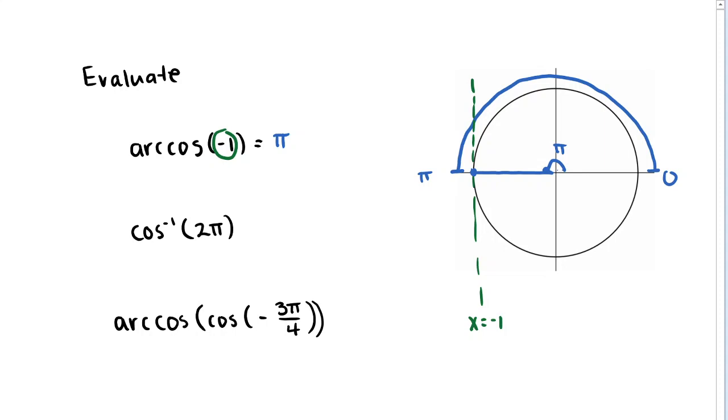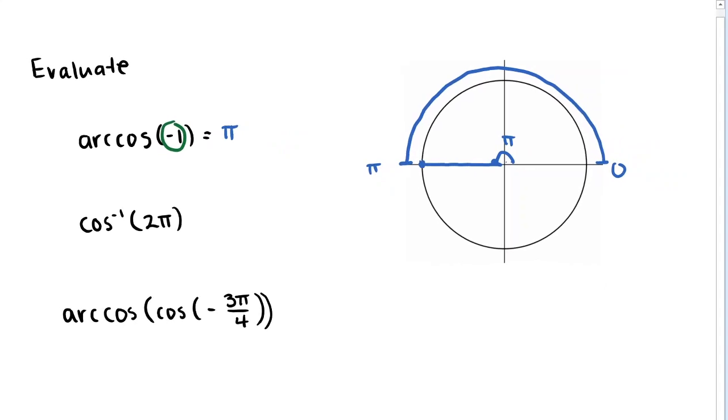What about cosine inverse of, not 2 pi over anything, just 2 pi? Well, 2 pi is typically used as an angle, as an input for our trigonometric functions. But here, for cosine inverse, the inputs don't represent angles anymore. The inputs represent x-coordinates on the unit circle.